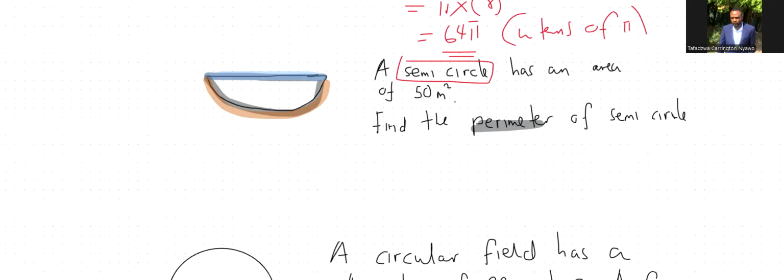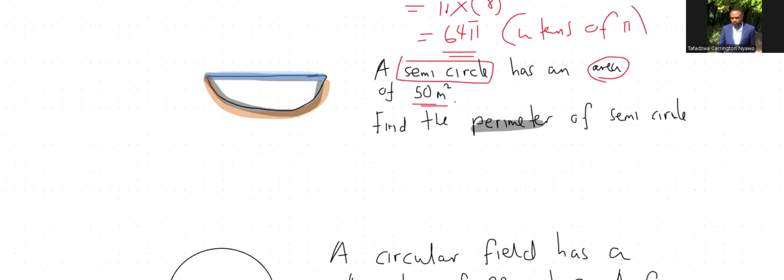Let's use the formula of area that they used, because in this case they said a semicircle is an area of 50 meters squared. So in other words, what they did here was they used the formula for area of a semicircle to give us the 50 meters squared.